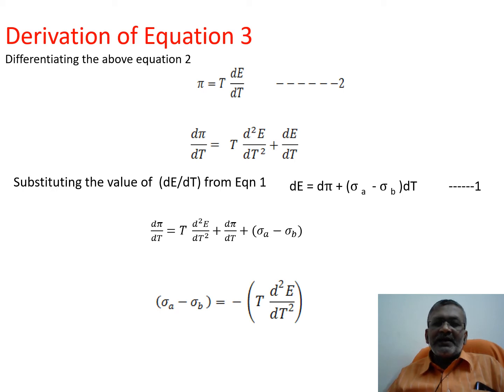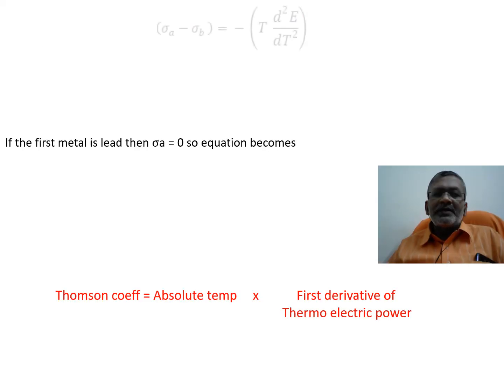Taking the negative sign common on the LHS, we get σa − σb = −T d²E/dT².